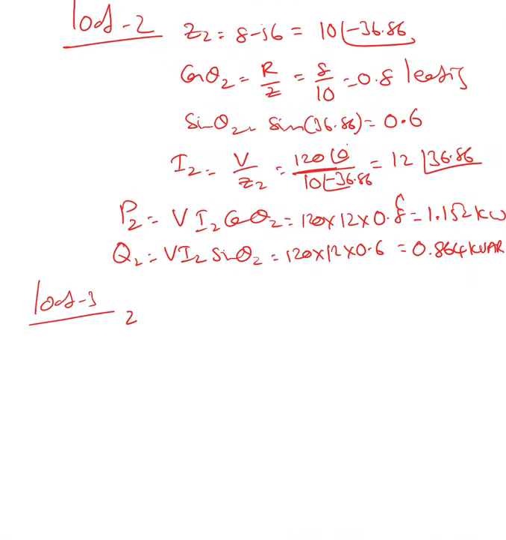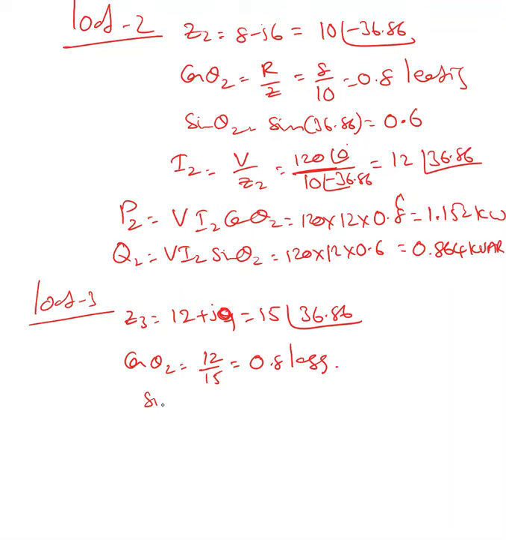Z3 equal to 12 plus J9, which is 15 at an angle of 36.86. Since that is 36.86, 12 over 15 must be 0.8. Here it is lagging power factor, and sine theta 3 must be 0.6.